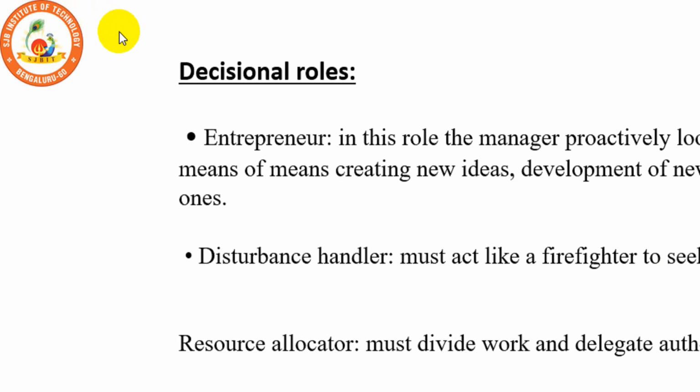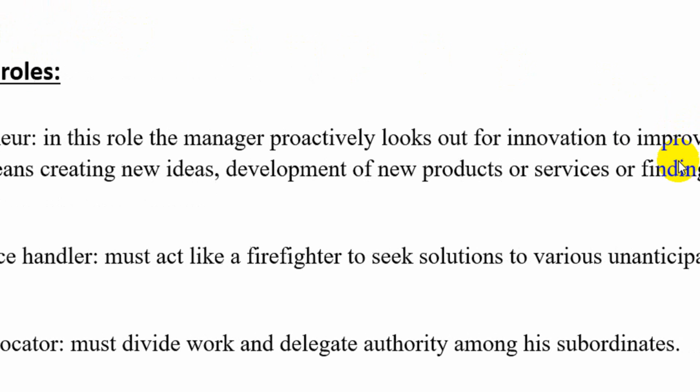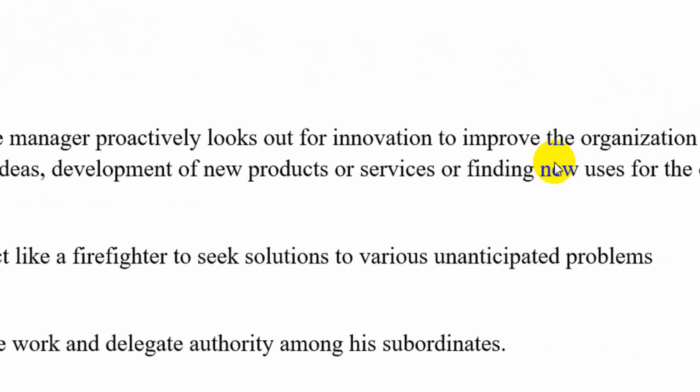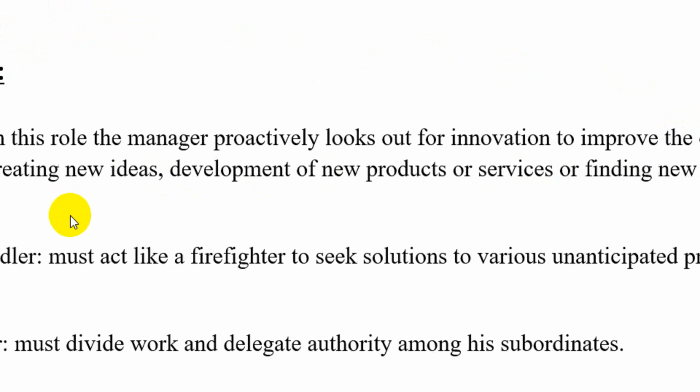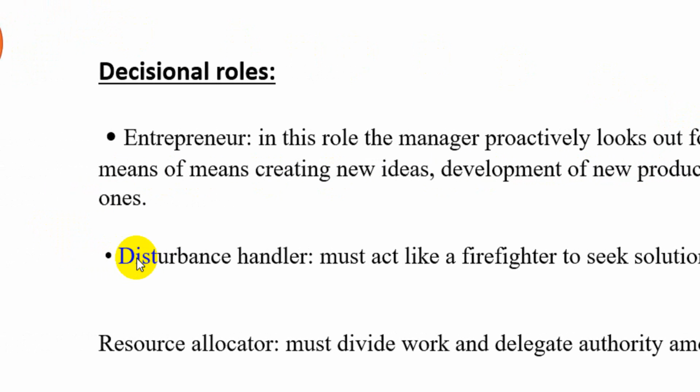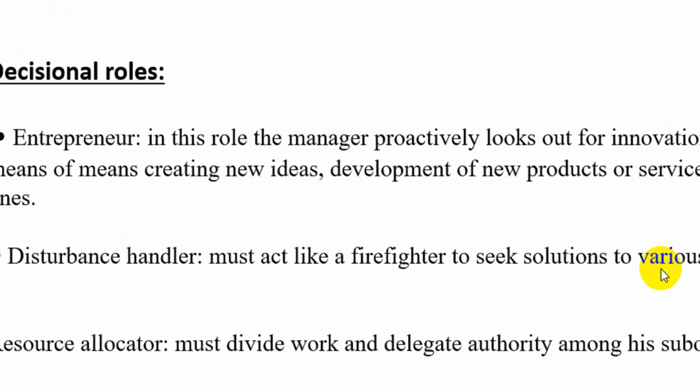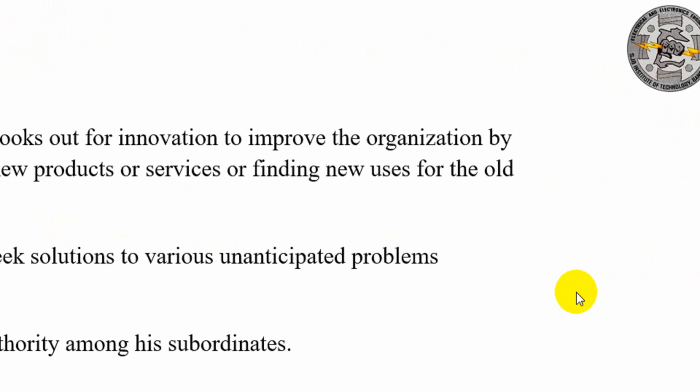Moving on to the decisional roles. As an entrepreneur, the manager proactively works for innovation to improve the organization by creating new ideas, developing new products or services, or finding new users for the older ones.